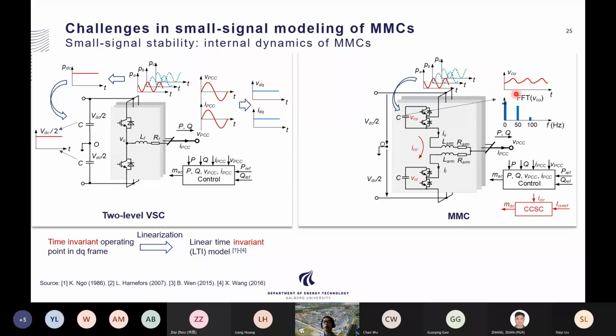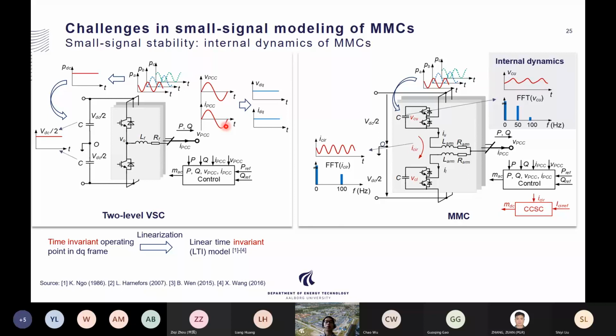If you do the FFT analysis of the capacitor voltage, you can see that there are multiple frequency components. These lead to the circulating current as well as the arm current also having multiple frequency components, which means even if we transform these variables into the DQ frame, we still get multiple frequency components.